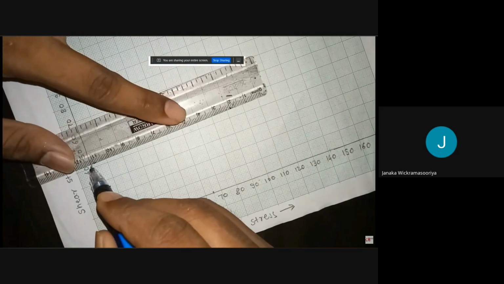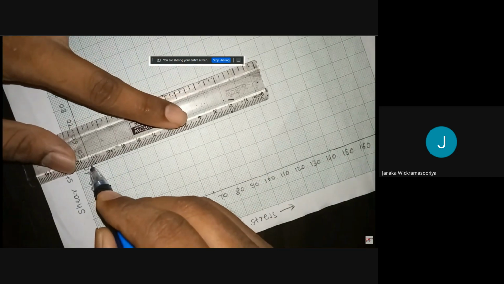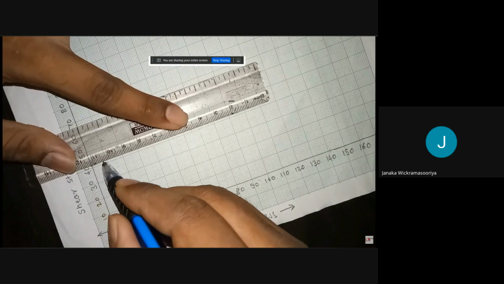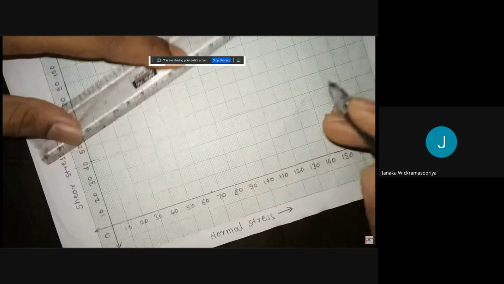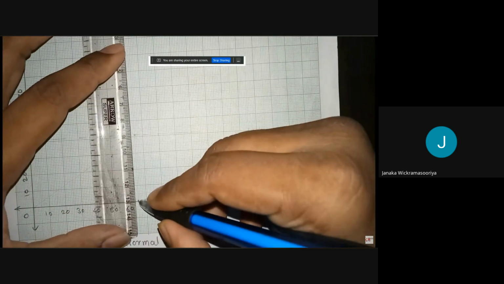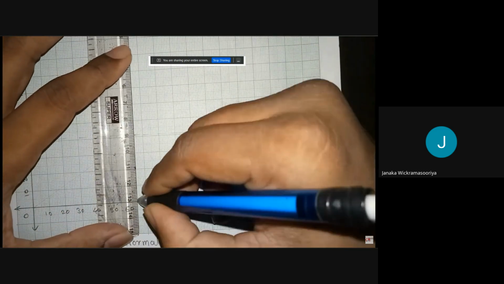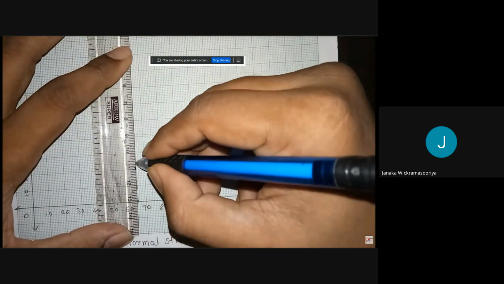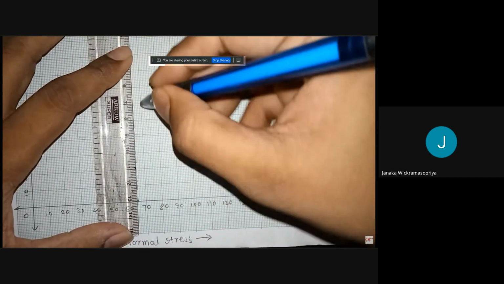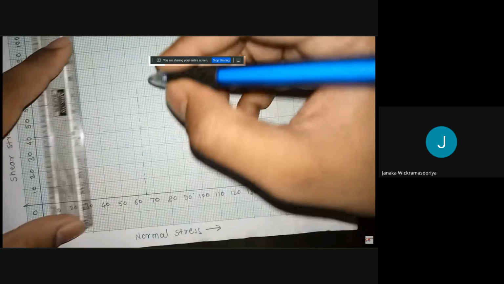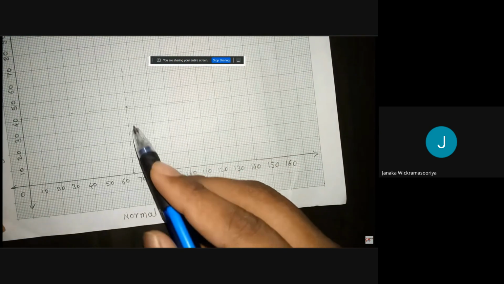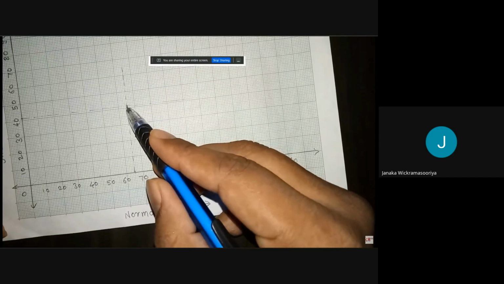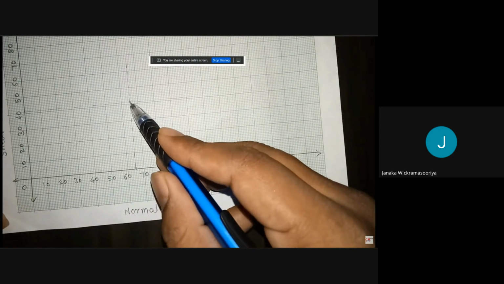So this is regarding the direct shear test, right? So the graph sheets will be provided. See here. So these 2 points intersect at this point.